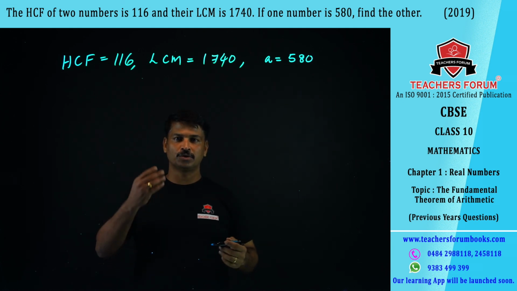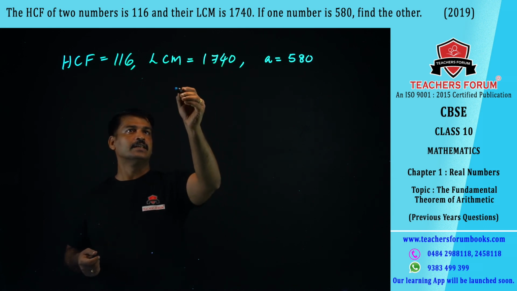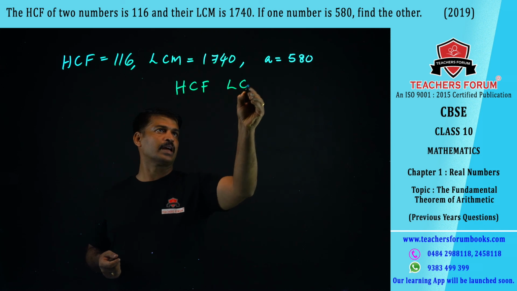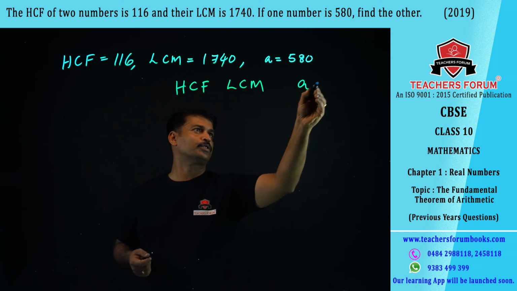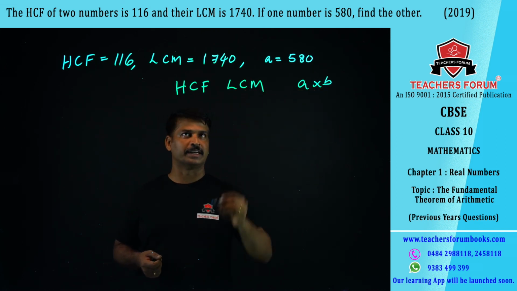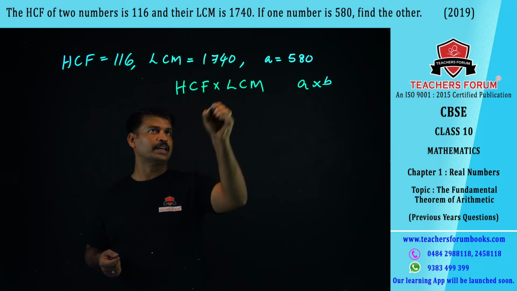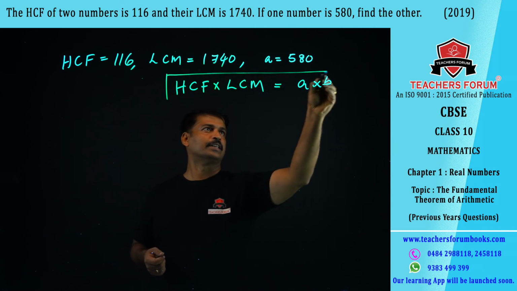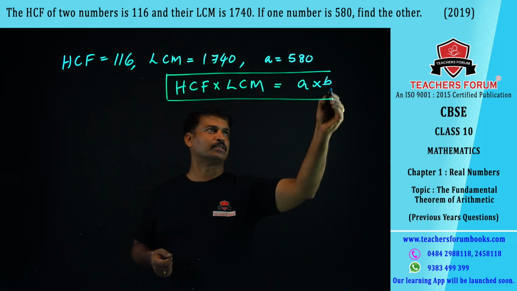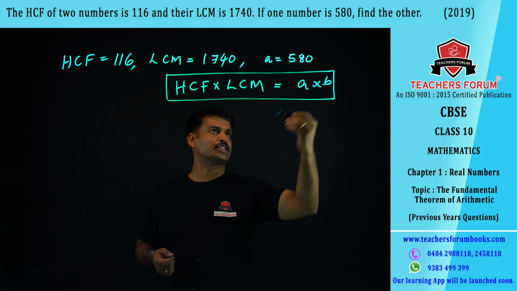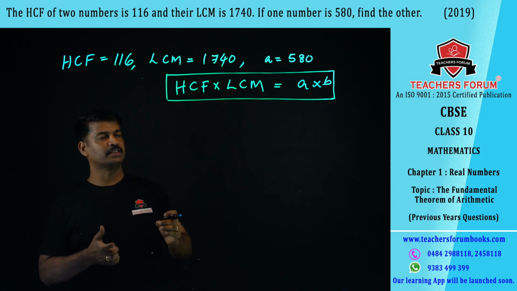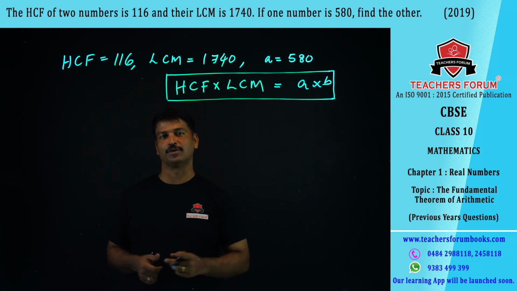If you are given two positive integers, there is a relation between HCF, LCM and the product of given two numbers A and B. That is, HCF into LCM will be equal to A into B, that is the product of two numbers. So this is the relation that you have to learn by heart to solve this type of problems. HCF into LCM is equal to A into B.